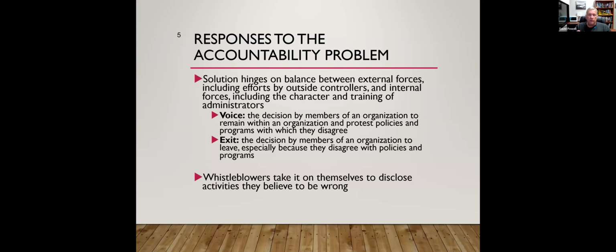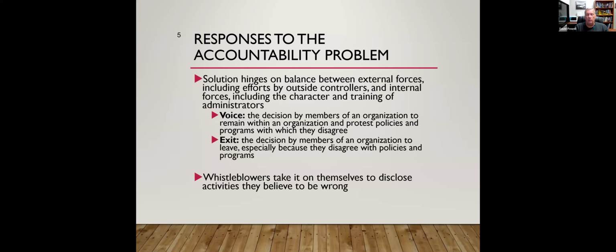But regardless of the approach you take to accountability in the public sector, the solution for how you hold people accountable is, again, a solution that is based upon finding that correct balance. Finding that correct balance between external laws and rules and regulations, and then the character and training of individual administrators.